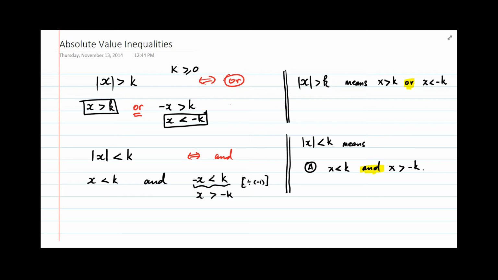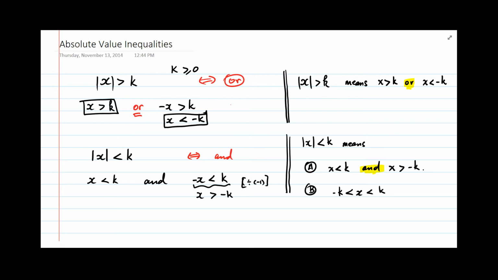Now as I mentioned and as we saw also, when we put these things together, providing k is a positive number, there is a combined way of writing this, and it's a little bit easier to work with in some instances. We say that x is between negative k and k.